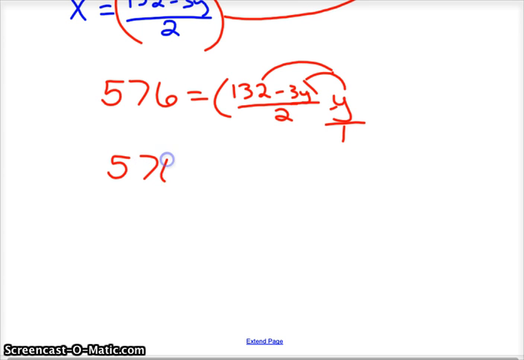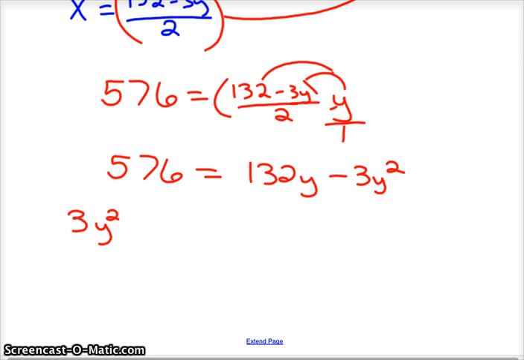So 576 equals 132Y minus 3Y squared. Then I want to get everything to the left, since this is a quadratic because of the Y squared.